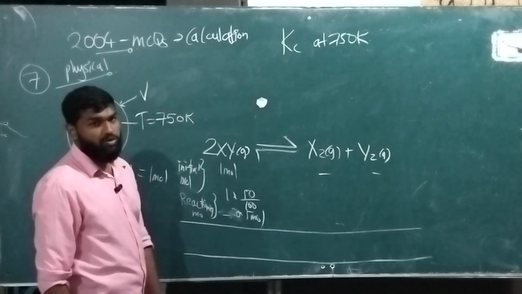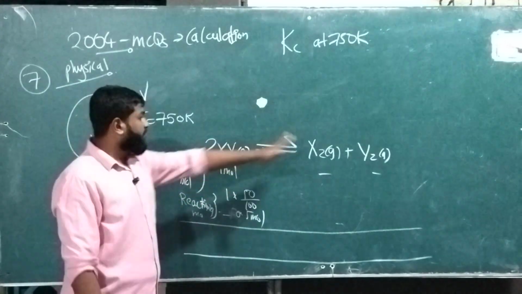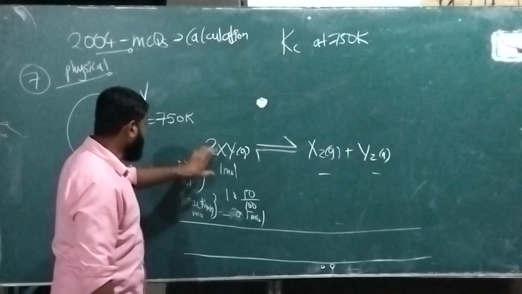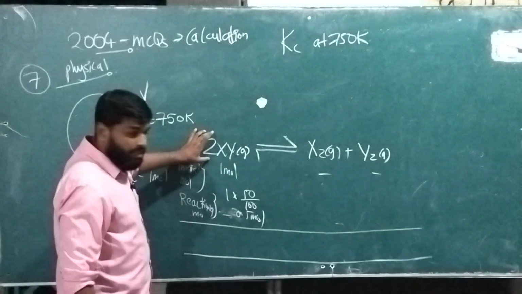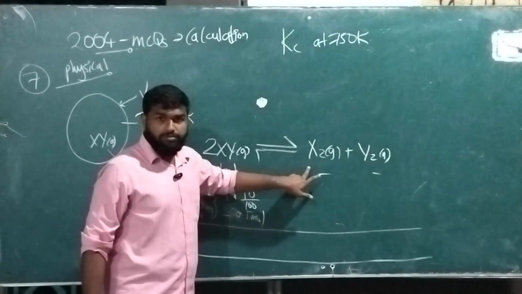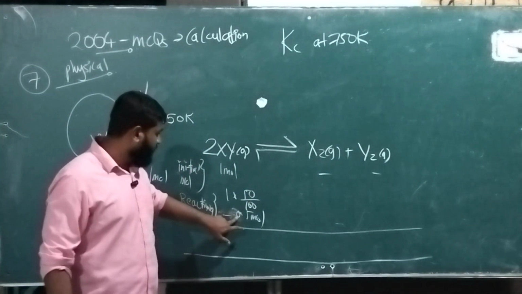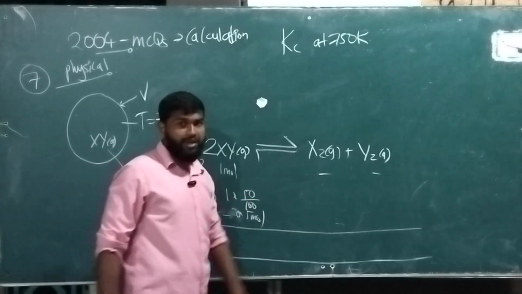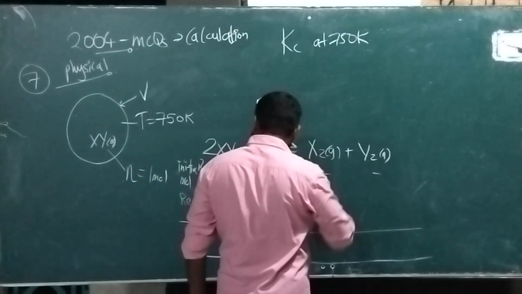If minus 0.5 is dissociated, half of this has to form in the other case. Why? Because the stoichiometric ratio is 2:1. So if this is 0.5, half should be here. So how much? 0.25.